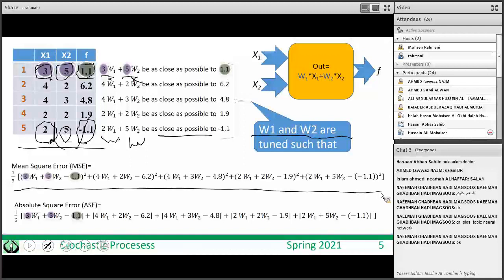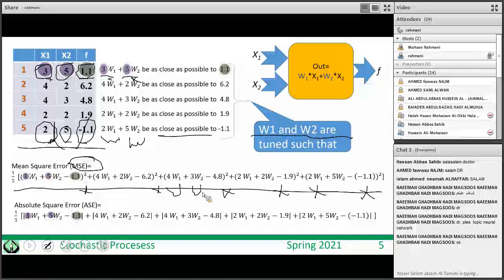In this formula, if we minimize the error, if we minimize this relation, we name this MSE. If we minimize MSE, what will happen? If we minimize this, it means that 4 times w1 plus 3 times w2, for example, is close to 4.3.